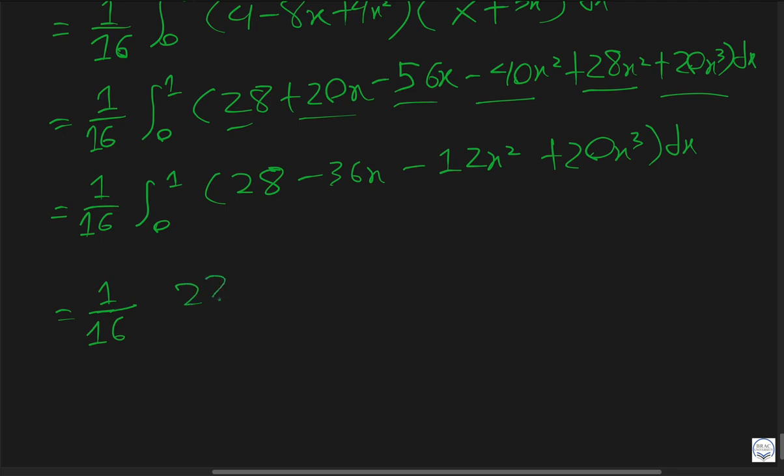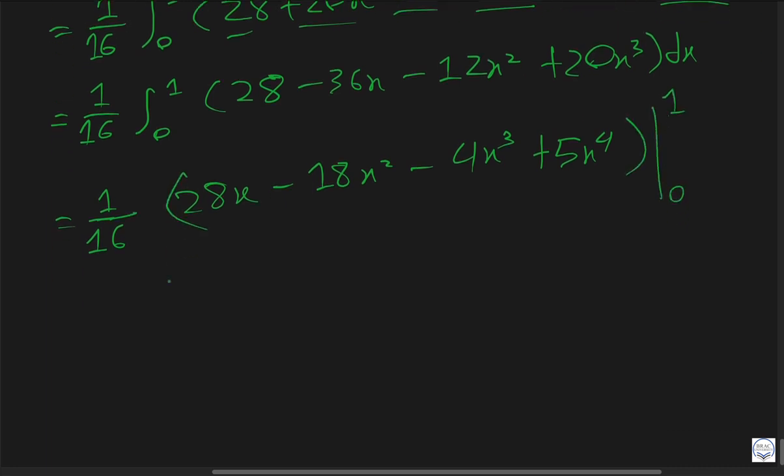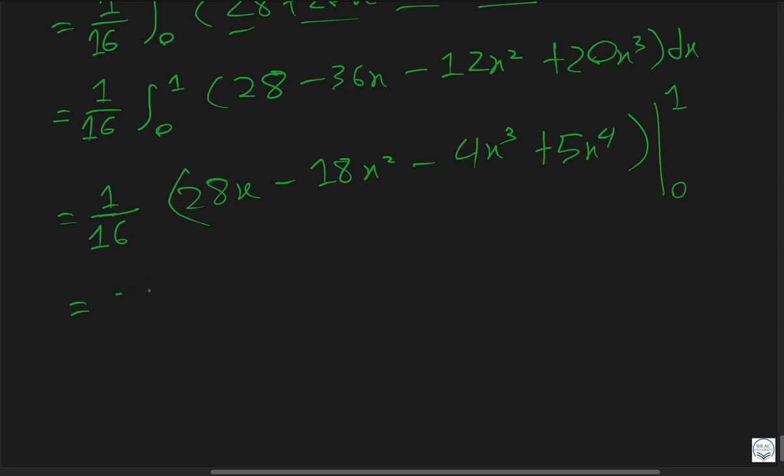Now after the integration, we'll have 28x minus 18x squared minus 4x cubed plus 5x to the power 4. Use the limit from 0 to 1.